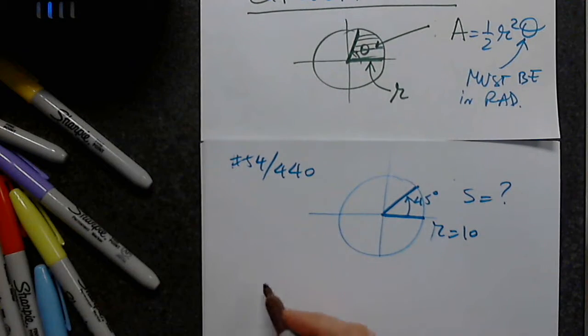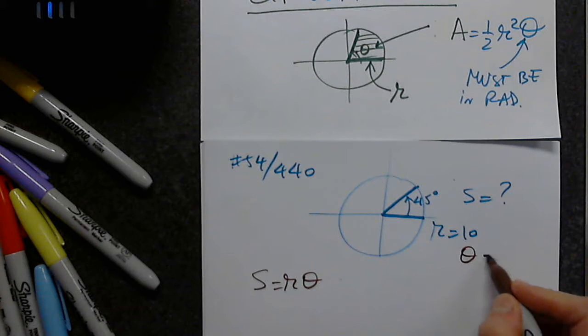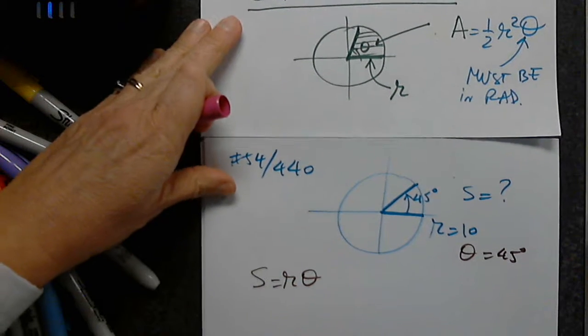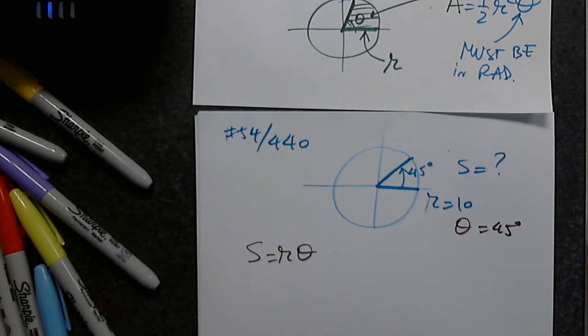So the formula is r times theta, where theta is 45 degrees. However, I cannot plug in 45. What do I have to do? Convert into radians. Very good. And let's do this just now because I need this forever.